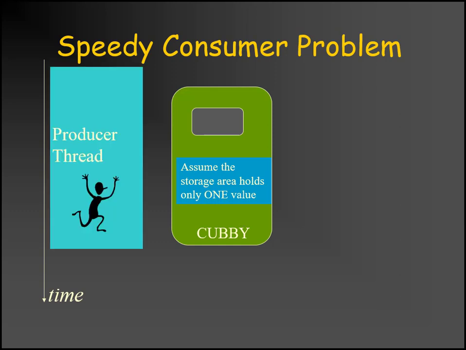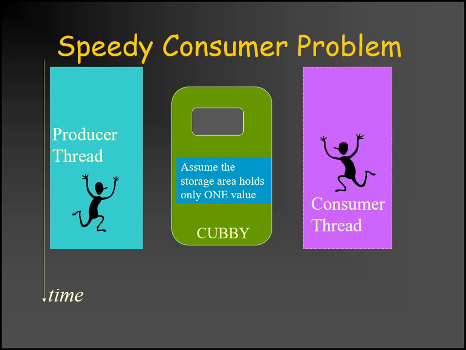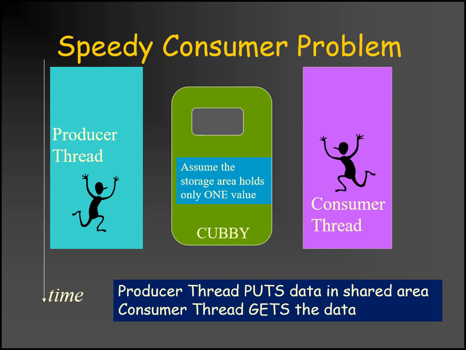You're going to have threads that act as a producer, putting some data into the cubby, and another thread that acts as the consumer, taking data out of the cubby. So the producer thread puts the data in this shared area, and the consumer thread then comes in and gets it.